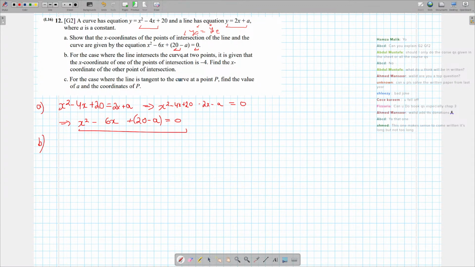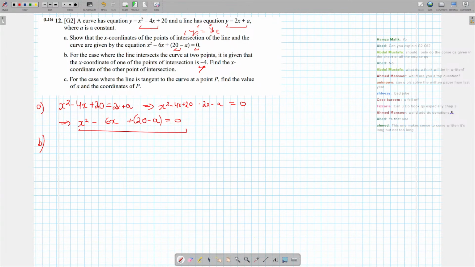For the case where the line intersects the curve at 2 points, it's given that the x-coordinate is minus 4. Find the x-coordinate of the other point of intersection. I have two variables here, x and a. They're giving me one of the variables, x is minus 4. They tell me to find the other x, since it's squared, there's like 2 points. I can't solve if I have two variables, a and x.